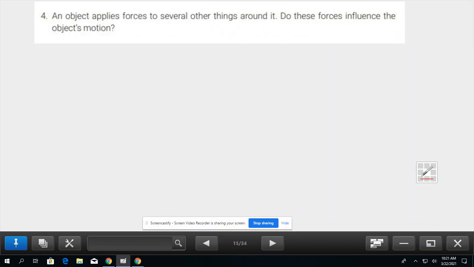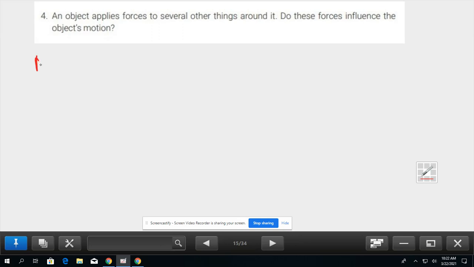And then question 4. An object applies force to several other things around it. Do these forces influence the object's motion?